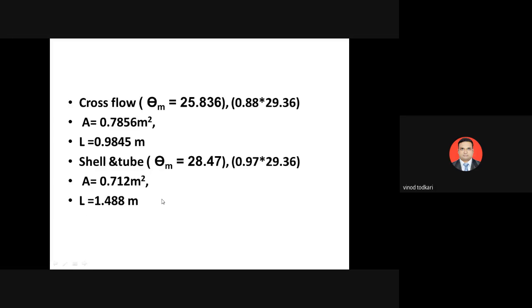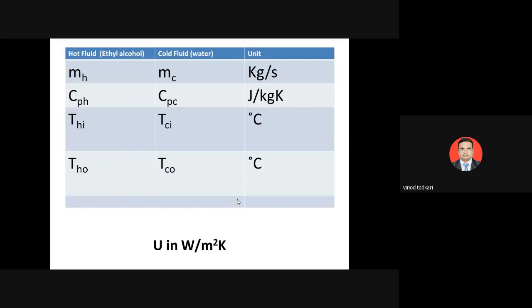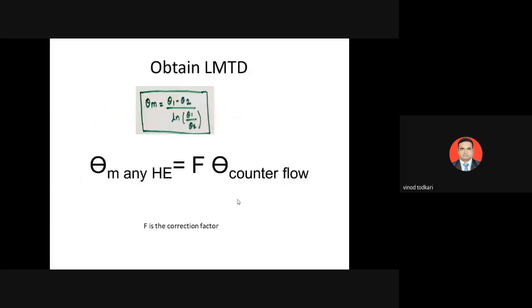We use the formula A is equal to pi dl into N into P, where N is the number of tubes and P is the number of passes. In this case, the number of tubes was 6, the number of passes was 1. So you can work out the length of the heat exchanger, which will come out to be 1.488. Is it clear to you? So in the log mean temperature difference method, only 4 steps are there.